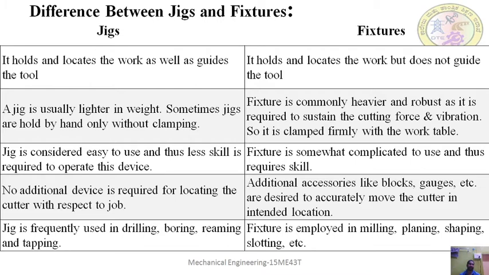But in the case of jigs, there is no need for this marking for locating the hole. No need to measure the coordinate dimensions, because it is already built into the jig. You just have to move the tool along the place provided in the jig to do the operation. So a less skilled operator is required in the case of jigs.